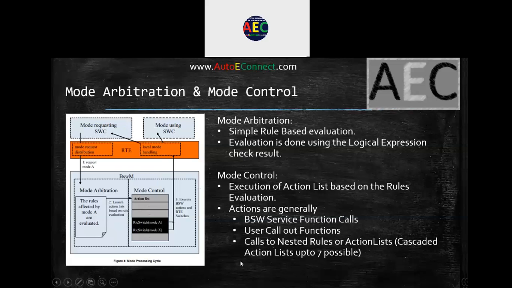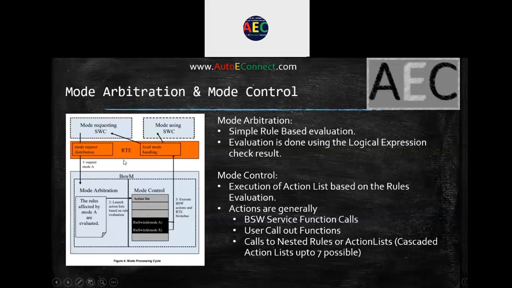That is called cascaded. For this cascaded action list, there is a limit on how many you can configure in an AUTOSAR project, which is limited to 7. There are different reasons why it is set to 7. This is for enabling some testing conditions. So AUTOSAR has limited the number of nested or cascaded action lists to up to 7.